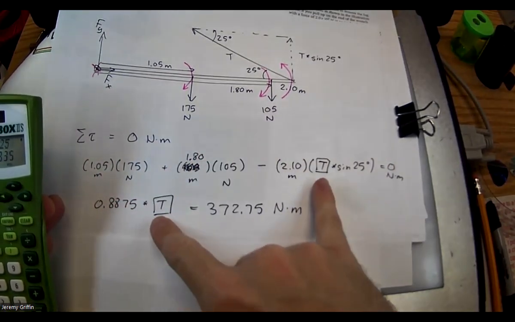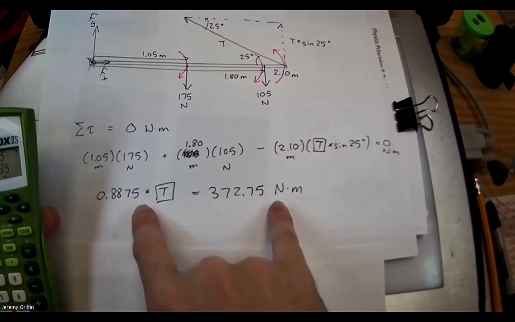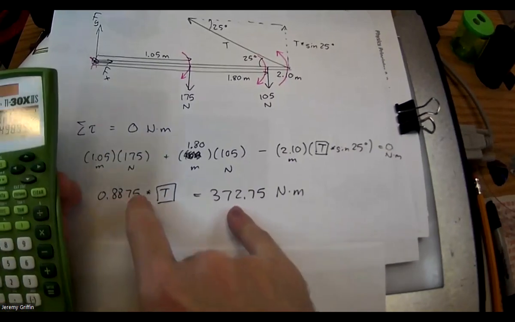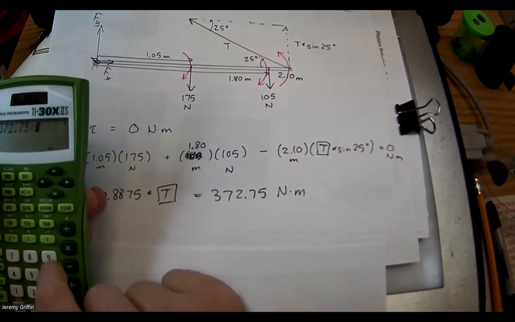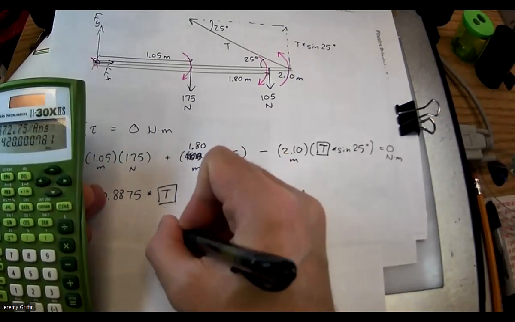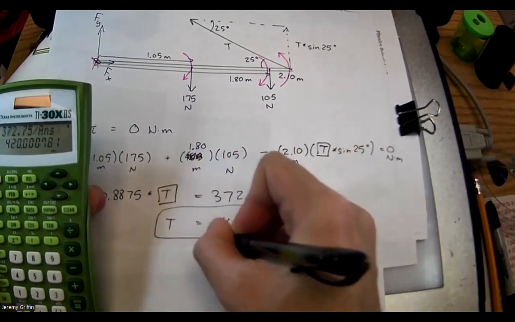This T is the full tension, because I took care of the trigonometry. Then divide both sides by that number: 372.75 divided by 0.8875, and you get the tension is equal to 420 newtons.